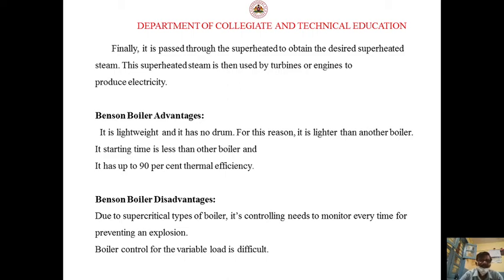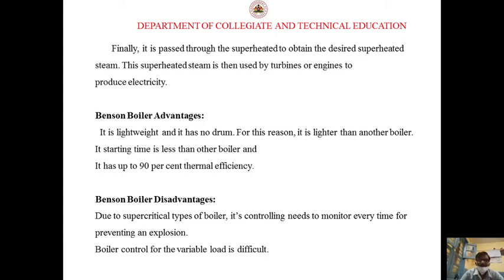Main disadvantages of the Bunsen boiler. The disadvantages are due to its supercritical type of boiler. Its control needs to be monitored all the time to prevent an explosion or bursting action.